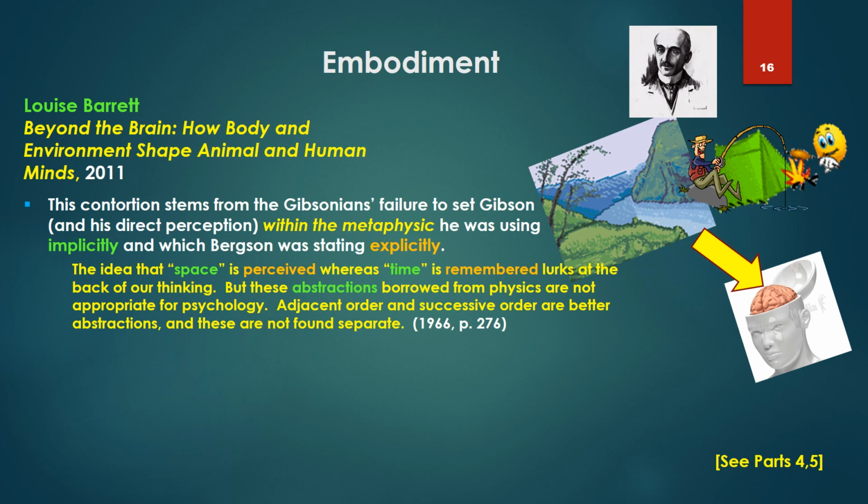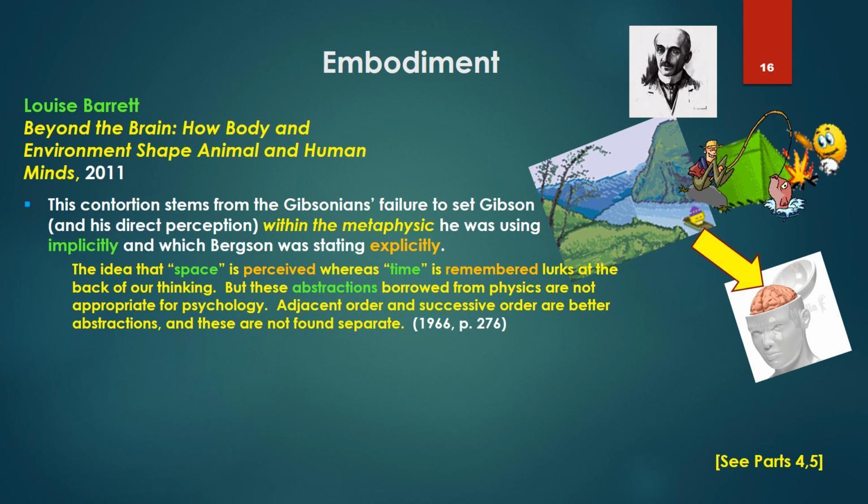This contortion stems from the Gibsonian's failure to set Gibson and his direct perception within the metaphysic he was using implicitly and which Bergson was stating explicitly. Gibson was really using an implicit metaphysic of Bergson, the temporal metaphysic.